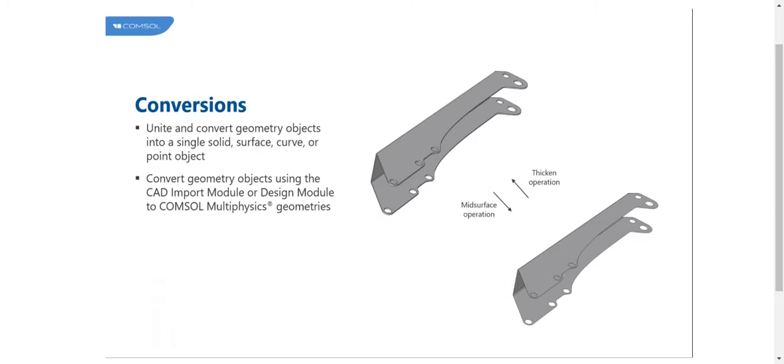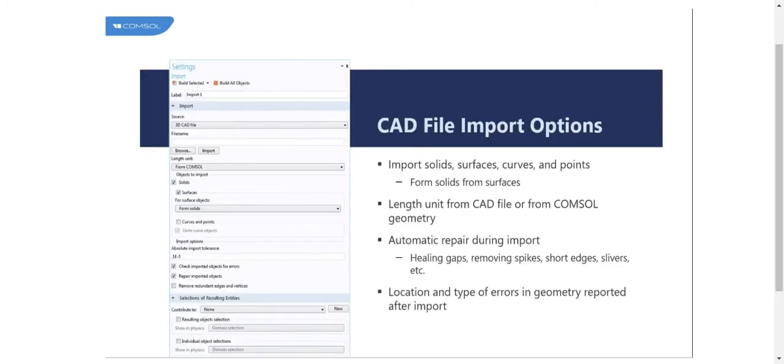Another operation that could be used is the conversion. For the surface that you have, you can give it thickness, or for a thickened object, you can create the surface out of it. There are various CAD import options if you are dealing with the CAD files that are available.